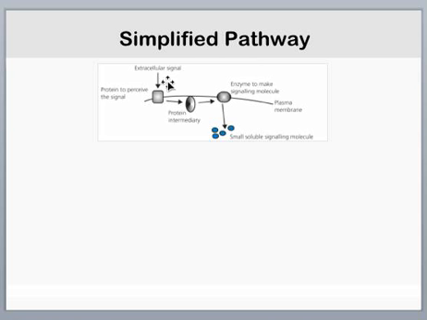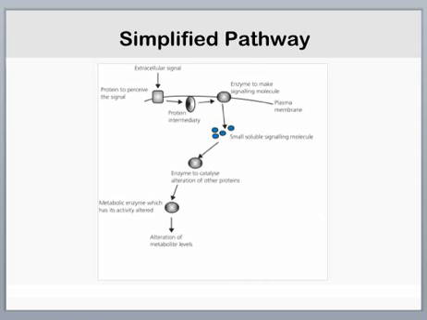So this diagram shows an extracellular signal working with some components in the membrane, including an enzyme activity, to generate a second messenger. This second messenger is then able to interact with other proteins in the cytosol to activate those and then to affect cellular metabolism.